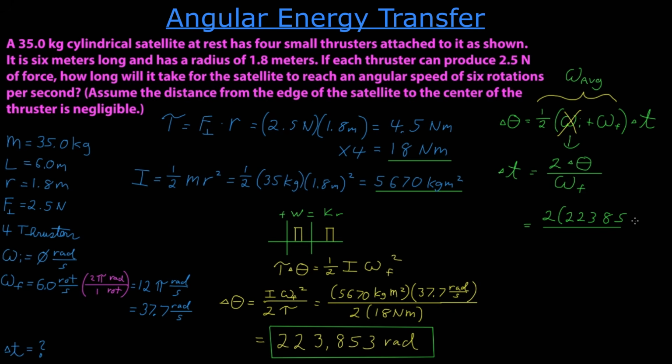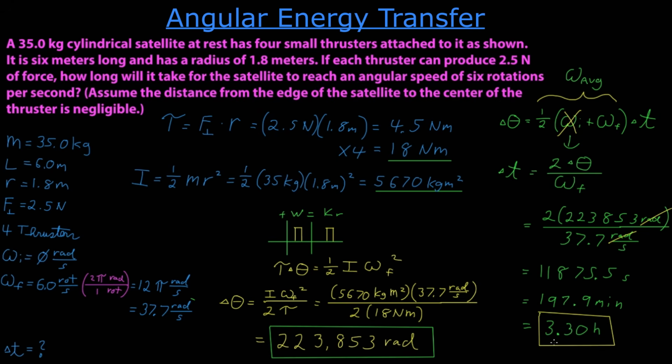I get 2 times 223.853 radians over my final angular velocity, which is 37.7 radians per second. Radians cancels. I have 1 over seconds in the denominator, so this is going to flip, and I get 11875.5 seconds. I will divide this by 60 and get 197.9 minutes. I will divide it by 60 again and get 3.3 hours, the exact same answer.